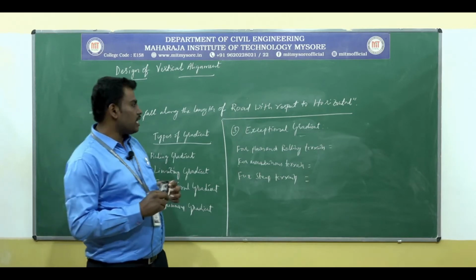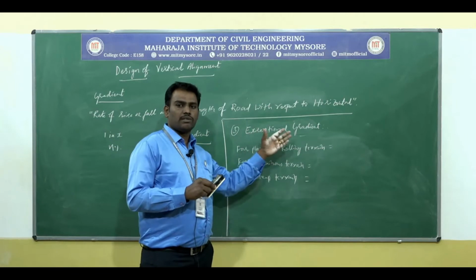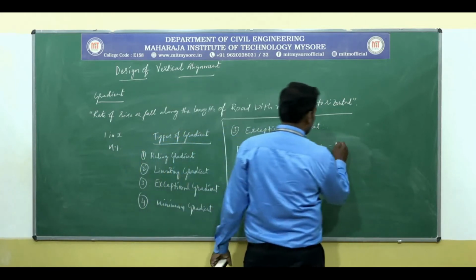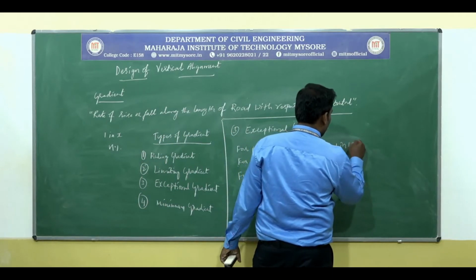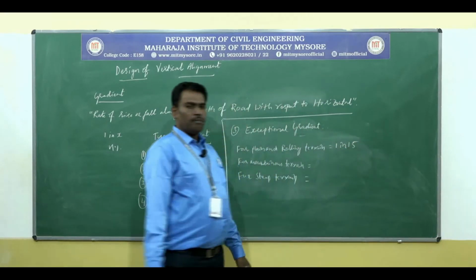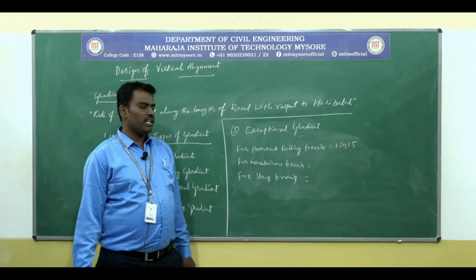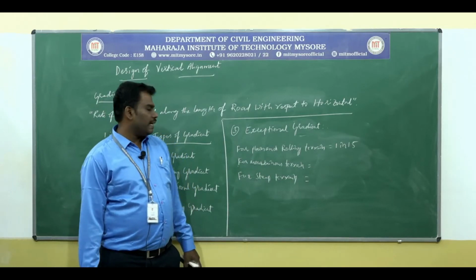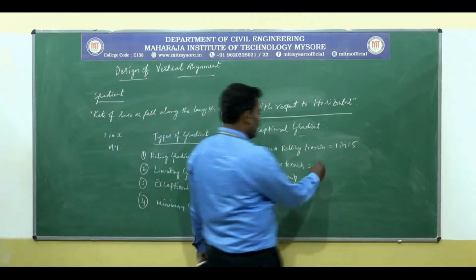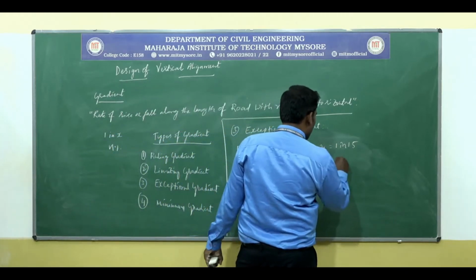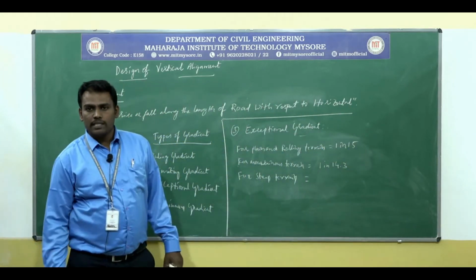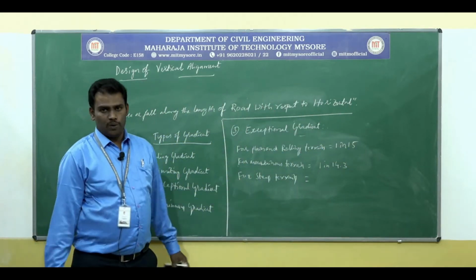The IRC recommended values for exceptional gradients are, for plain and rolling terrain, 1 in 15, for 15 meter horizontal, 1 meter vertical. For mountainous terrain, it is 1 in 14.3, for 14.3 meter horizontal distance, 1 meter vertical.